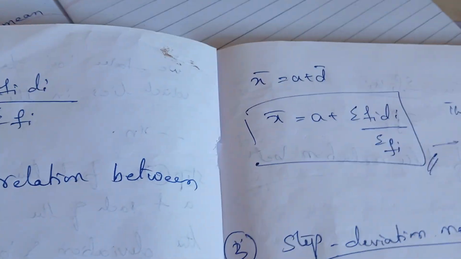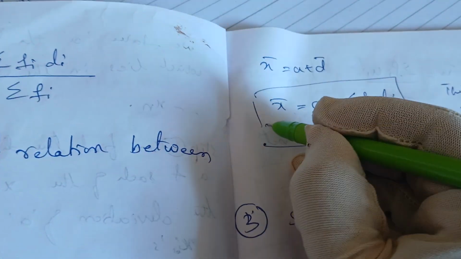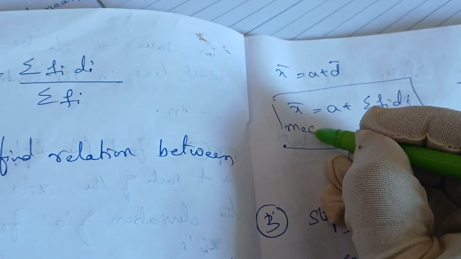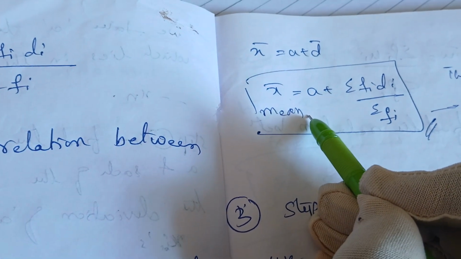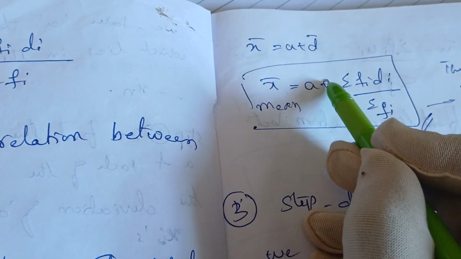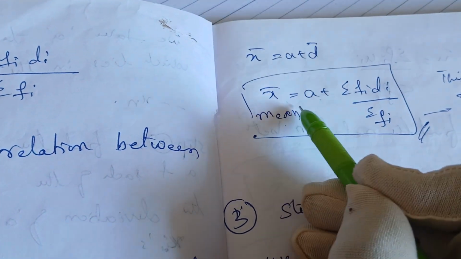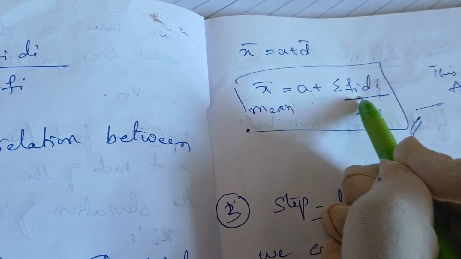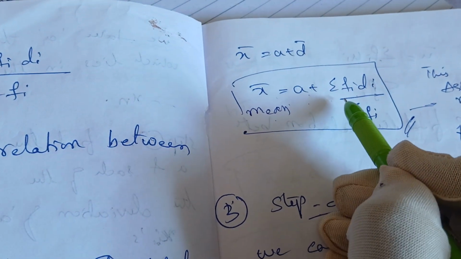So what is the formula? You can see here, x bar is nothing but your mean, which we are calculating with the help of the assumed mean method, where we assumed the value a from the xi's. So x bar, the mean, equals a plus summation of fi di divided by summation of fi.